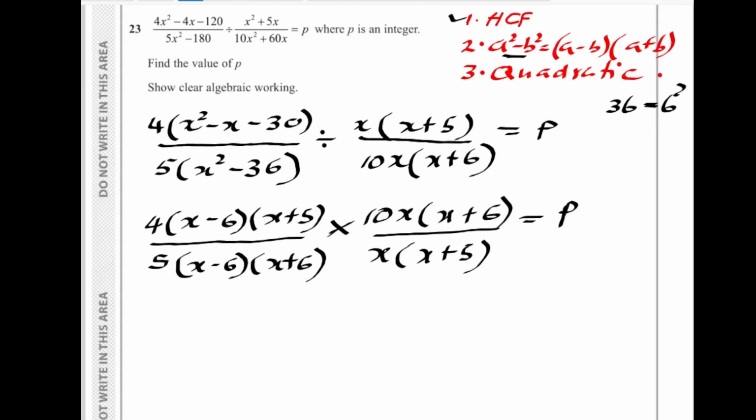Yes, cancellations are available. X minus 6, I can cancel out. X plus 5, I can cancel out. X plus 6, I can cancel out. X, I can cancel out. 5 times 1, 5 times 2, I can cancel them out. The only remaining thing is 4 into 2, which is 8. 4 into 2 is 8 equals p.